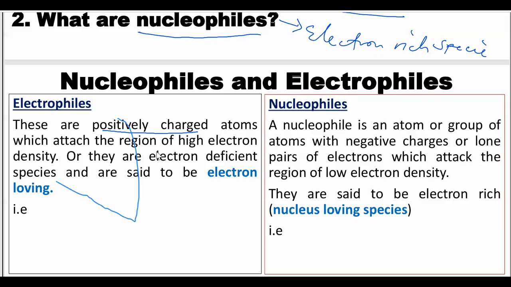In other words, we can say they are electron deficient species, species which lack electrons. And they can also be said to be electron loving, therefore they move towards where the electrons are. Can we have some examples? Number one is what? Daniela, you still there? Yes. Number one.